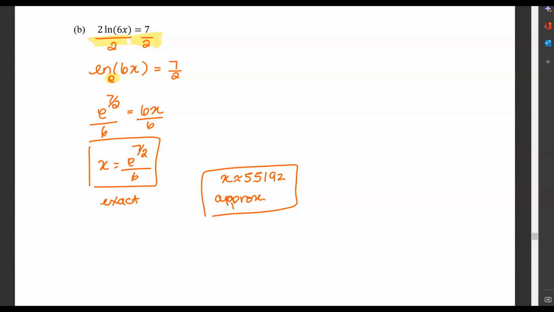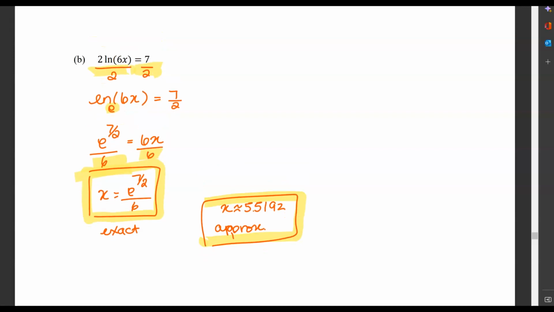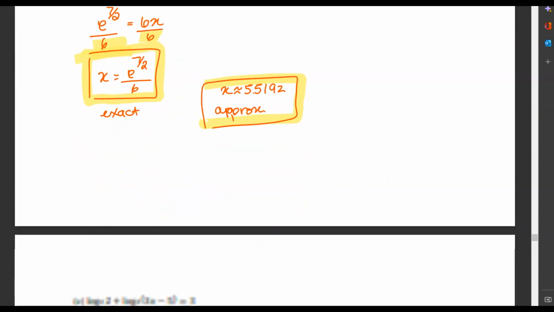Divide both sides by 6. And then we end up with our exact value of x equals 7 halves divided by 6. If we approximate it, we end up with x equals 5.5192 as our approximation. All right, so hopefully that wasn't too difficult, but always reach out if you have questions.